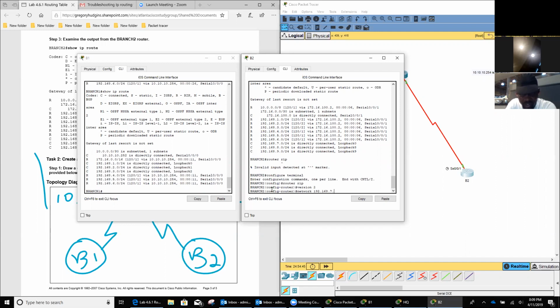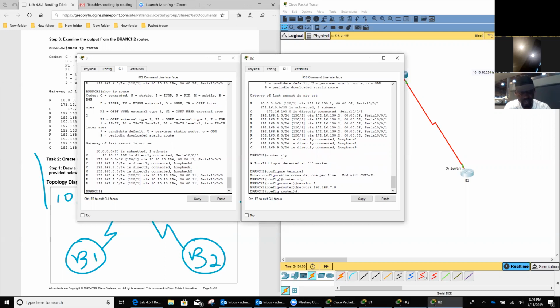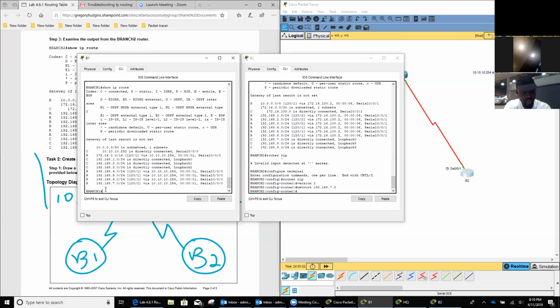All right, now go to branch 1 and type show IP route. You see it's there now, right? 1, 2, 3, 4, 5, 6, 7. Yep.